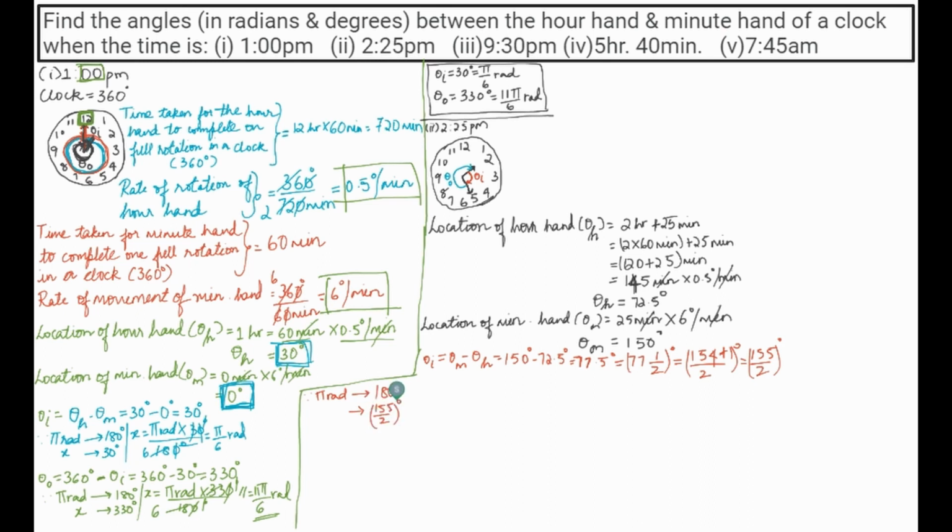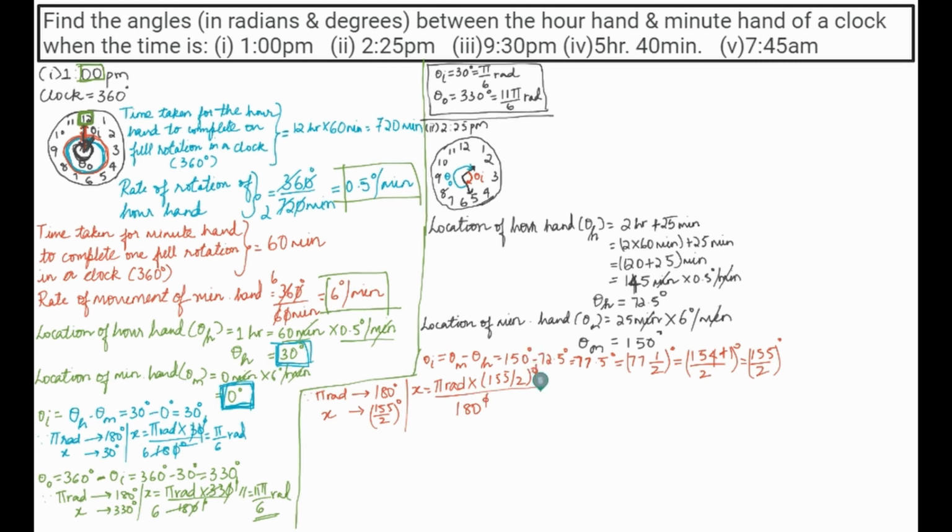Let this be x. When we cross multiply, we get x is equal to pi radians into 155 divided by 2 degrees divided by 180 degrees. Degree unit and degree unit cancel out each other.